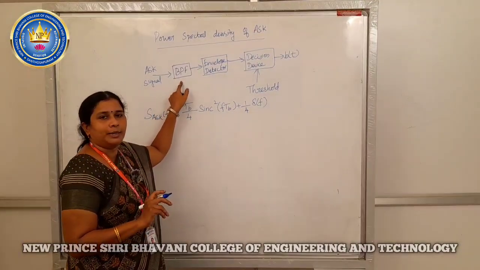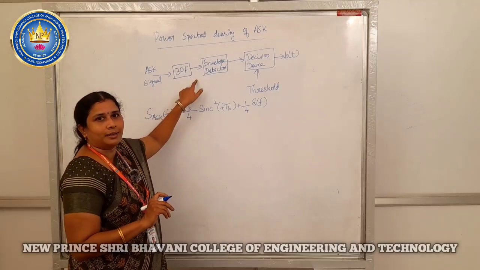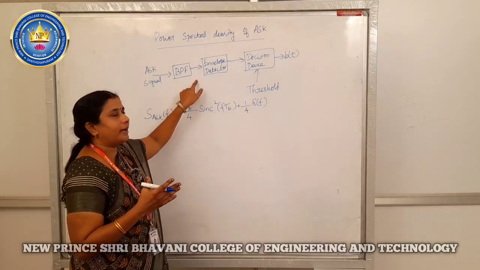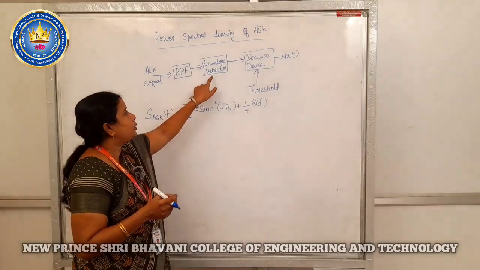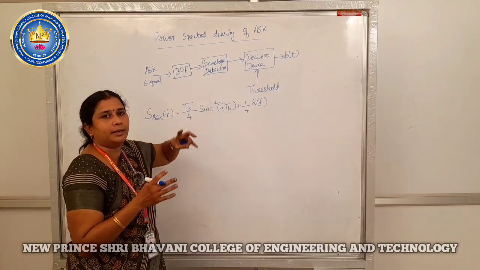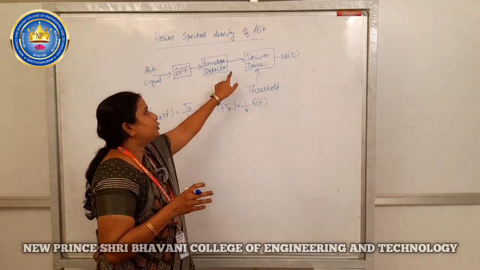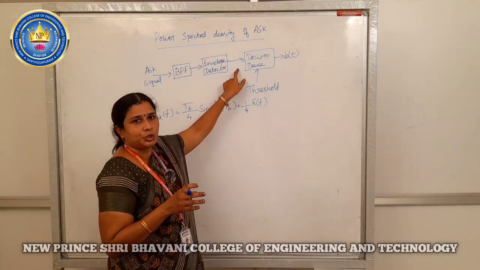It is applied to the band pass filter. The band pass filter output is mainly the high frequency signal, and it will be applied to the input of the envelope detector. The envelope detector output, the unmodulated carrier signal, is applied to the input of the decision device.